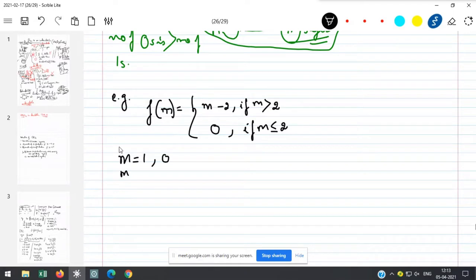If m is equal to 0, the result will be 0. If m is equal to 2, the result will also be 0. This is my explanation for this particular function f of m. If m is equal to 3, the result is going to be 3 minus 2, which is 1. Again, if m is equal to 4, the result is going to be 4 minus 2, which is equal to 2.